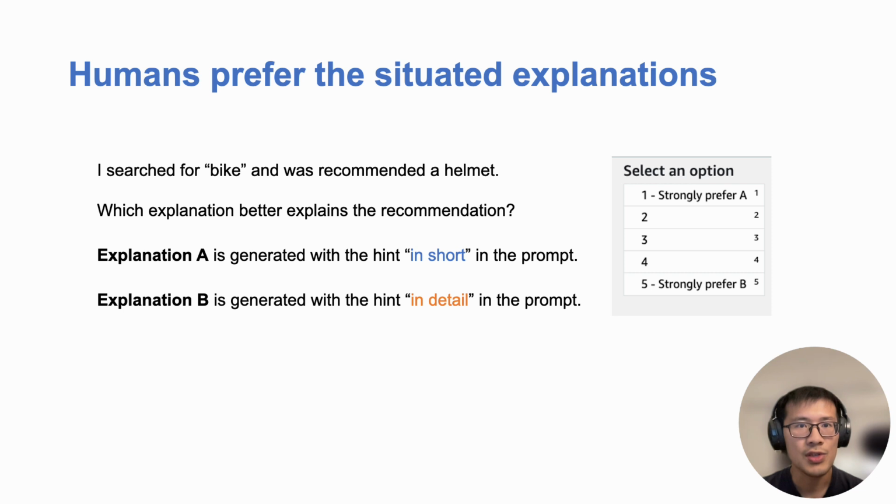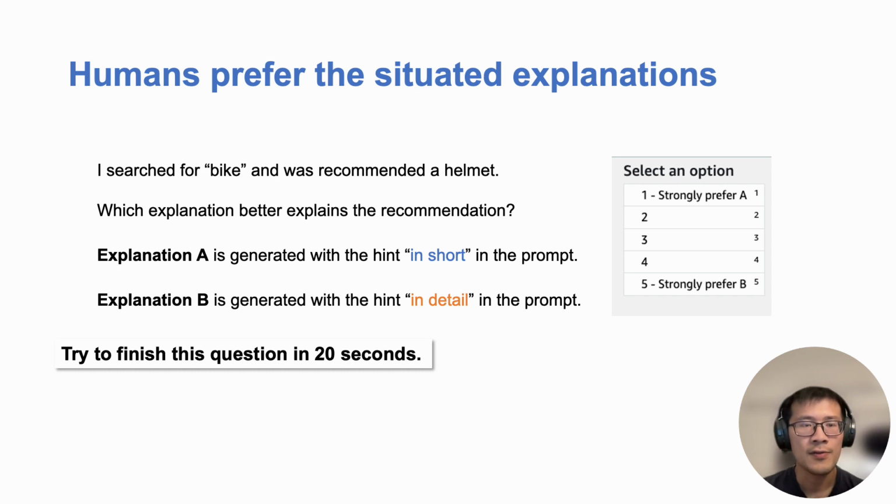The first explanation is generated with the hint "in short" in the prompt, and the second explanation with the hint "in detail." We asked each annotator to select from 1 to 5, and 1 means that they strongly prefer explanation A, and they consider explanation A to be a better explanation for the problem and the answer.